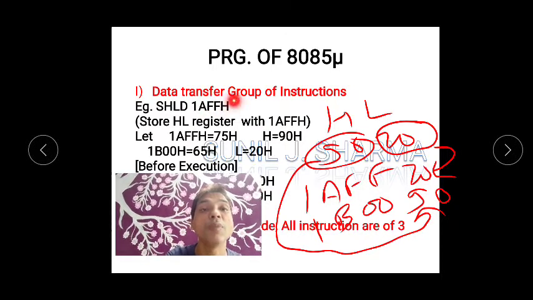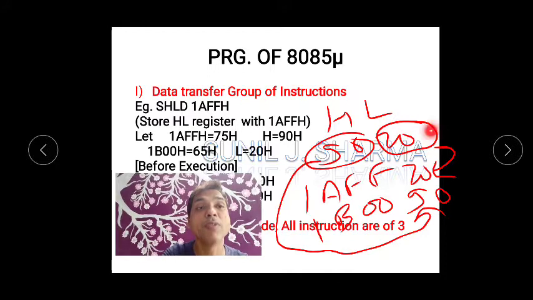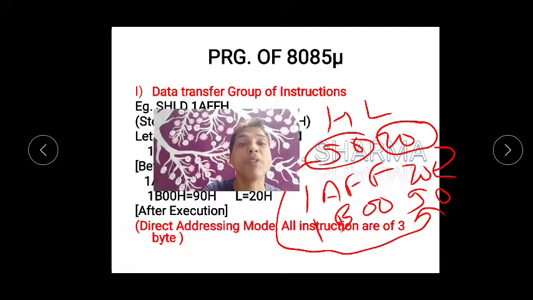So whatever is specified in the instruction, the next we have to calculate. Okay, I think everyone knows that after 1AFF, the next memory location will be 1B00. Okay, this you can calculate. Whatever is there in the L register will be given to the first memory location, and whatever is there in the H register will be given to the second memory location.